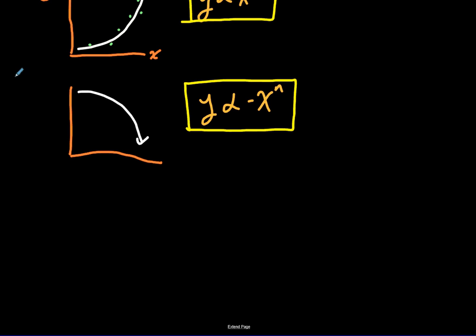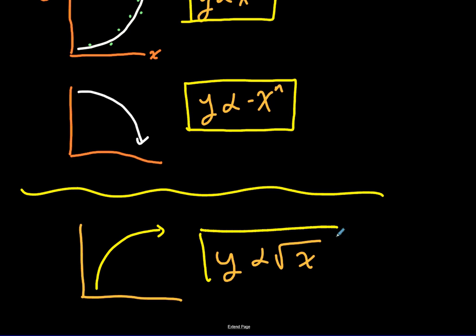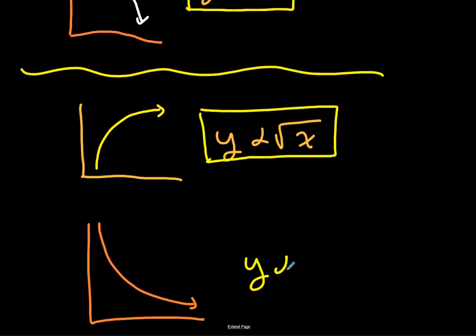The last kind that you might possibly see would be one that goes like this. Oh no, this isn't the last kind. Sorry, my mistake. And this is where y is going to be proportional to the root of x. Okay. And the last one you might possibly see is this. This is where y is proportional to the inverse of x.